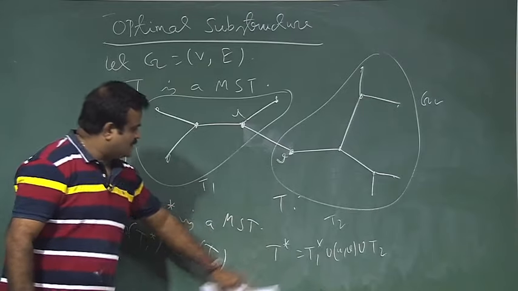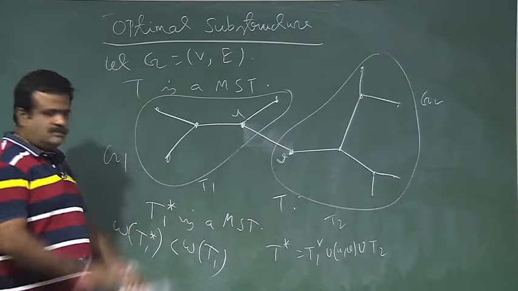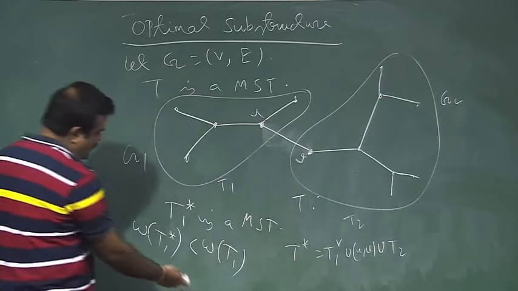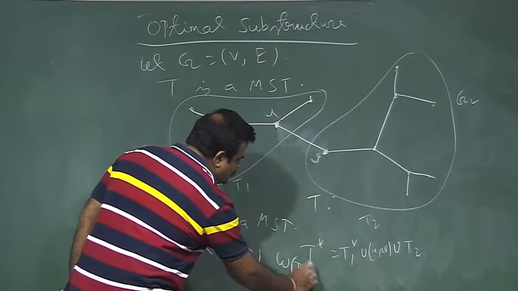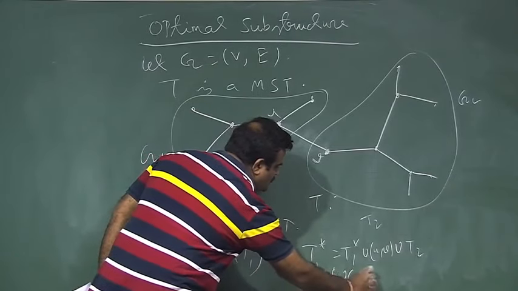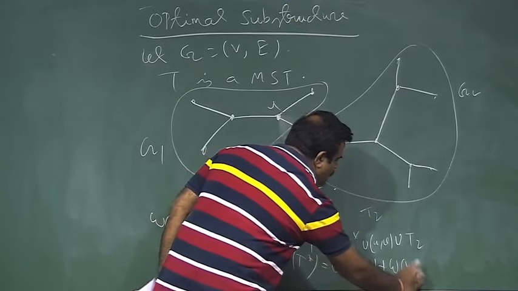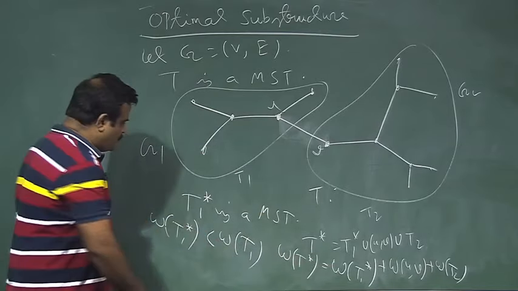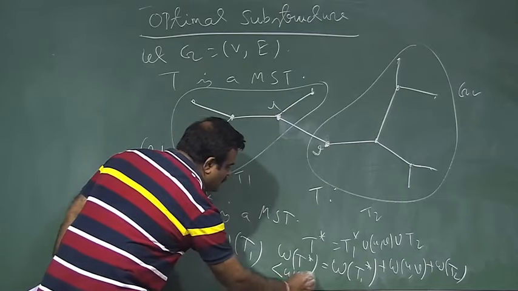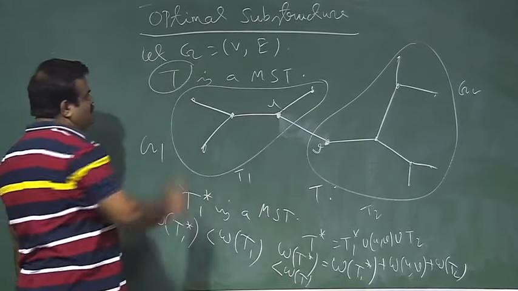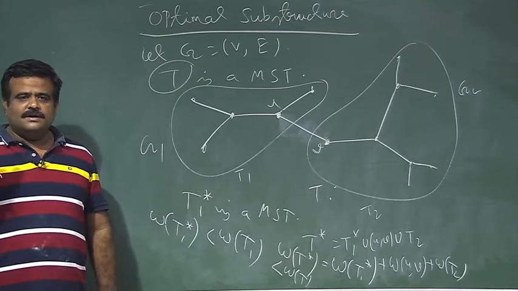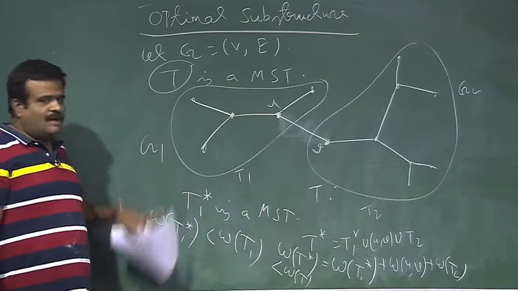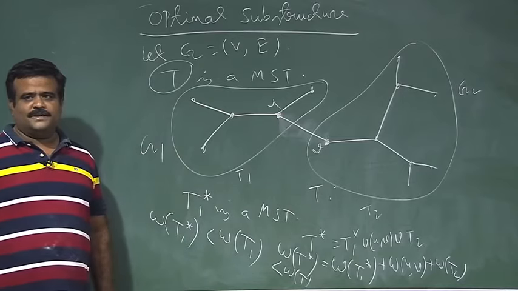This T star is a spanning tree of the whole graph G, and the weight of T star is less than T, because the weight of T star is the weight of T1 prime plus the weight of UV plus the weight of T2, and this is less than the weight of T. This contradicts the fact that T is a minimum spanning tree of G. So T1 has to be the minimum spanning tree of the induced graph G1, and similarly we can show T2 is the minimum spanning tree of G2.